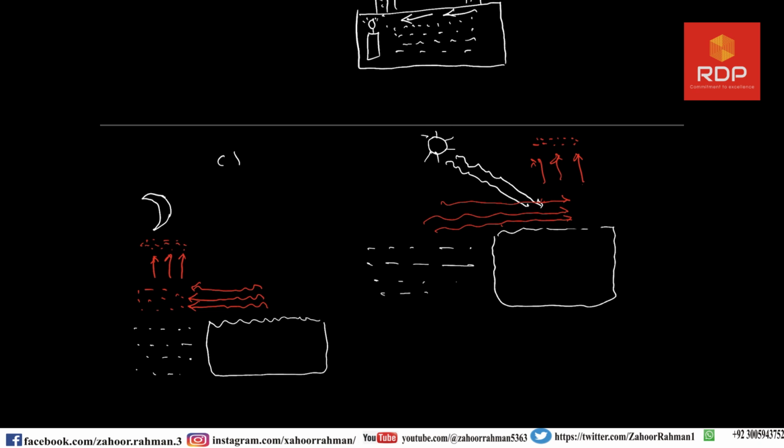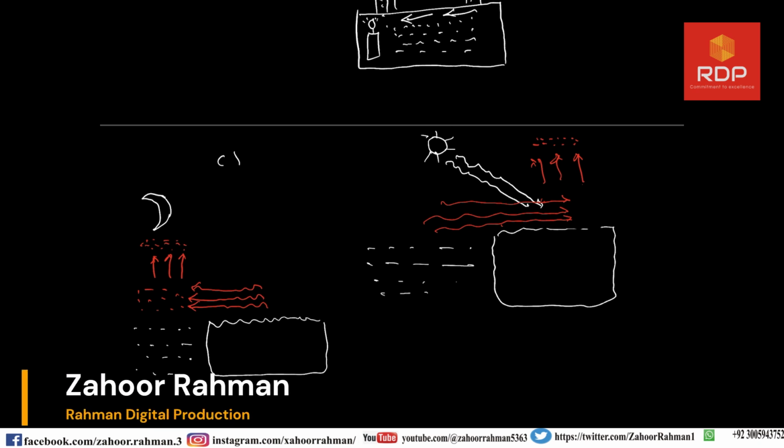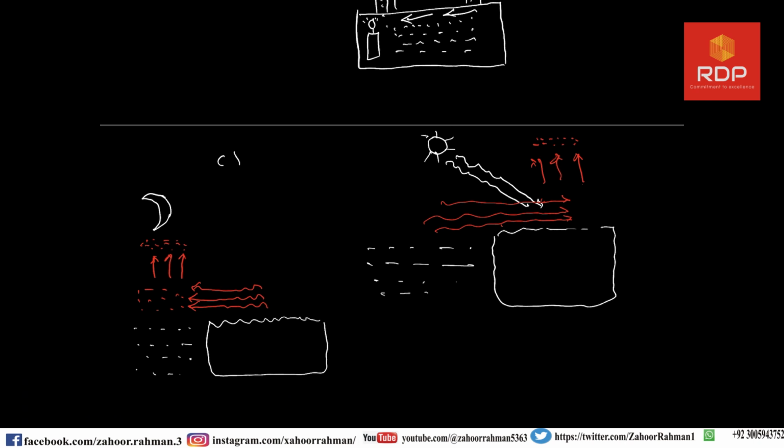So that is why the convection current at night is totally the converse of the convection current at daytime. In daytime, it is moving in one direction, which is this, and at night time, this is moving in the other direction. So we discussed that, and if you need more information on this topic, then you can go to my previous lecture.